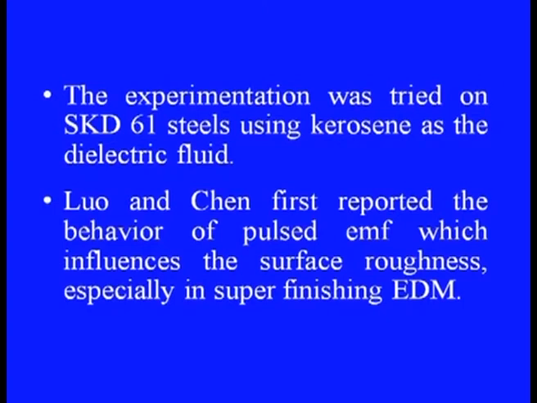Low and Chen first reported the behavior of pulsed EMF which influences the surface roughness, especially in superfinishing EDM. The use of magnetic force in EDM is primarily to remove the debris from the discharge zone. By applying short discharge pulses, very smooth surfaces up to 0.04 micrometer of average roughness could be achieved.